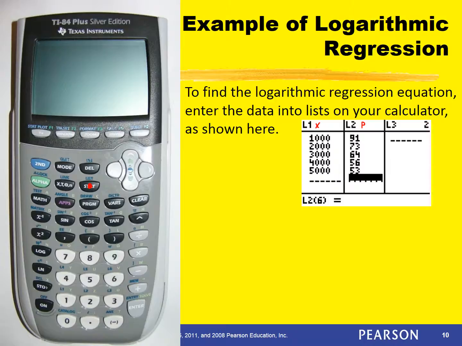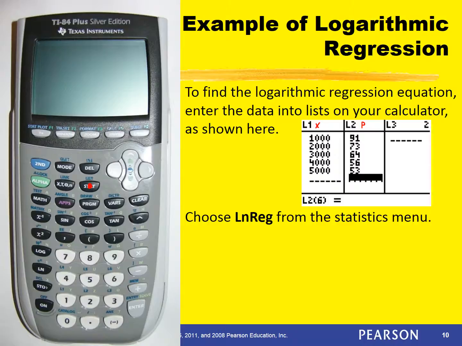So we could think of it the other way too, that X, the number sold, is a function of price, but it works the other way too. Price is a function of number sold. Choose LnReg from the statistics menu.